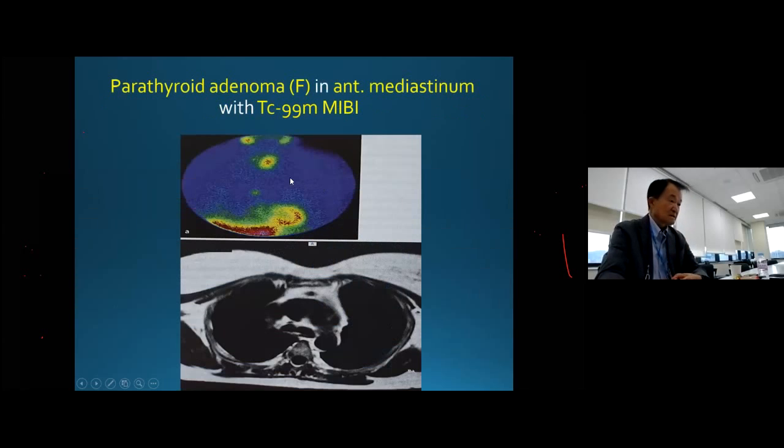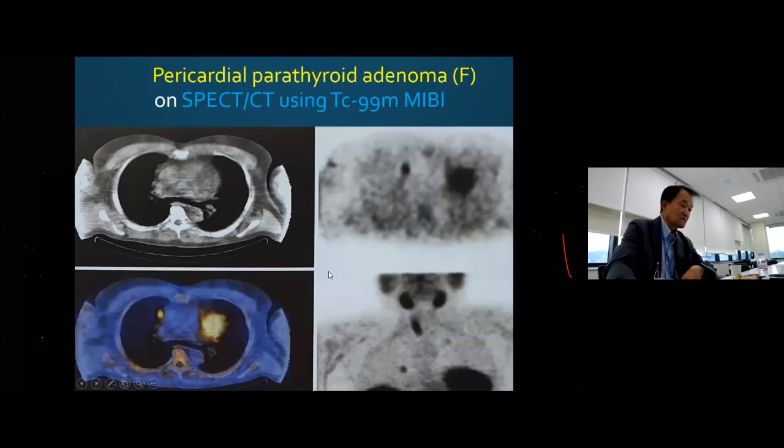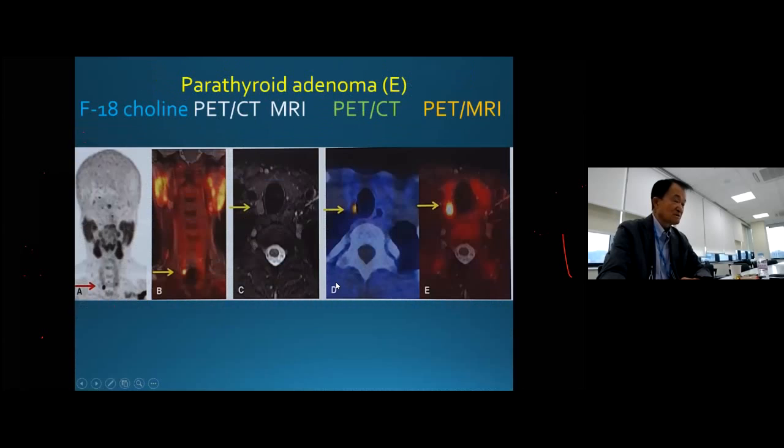So again, this F type, sometimes goes way down to the pericardium. See, that's crazy, but you can see it. In this case, a cardiothoracic surgeon is involved, takes it out, and then cured.